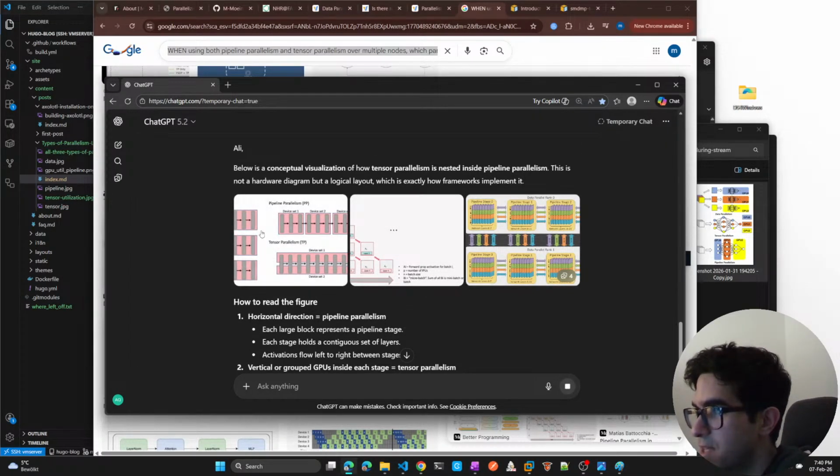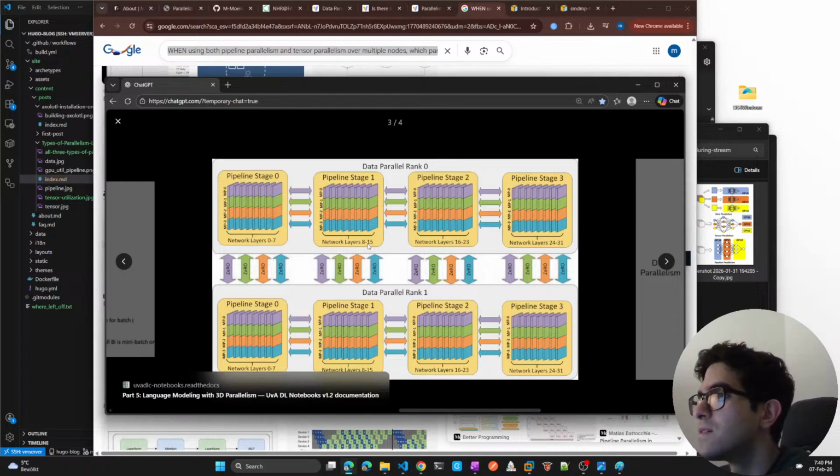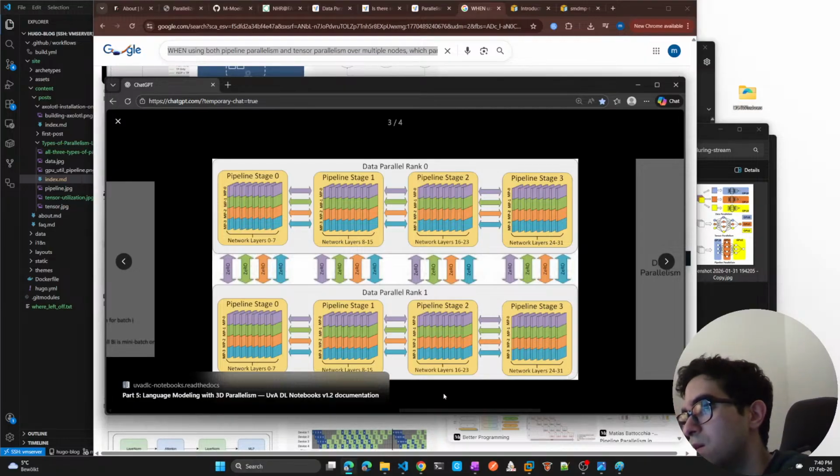Okay, visualization. Stage 0. Pipeline stage. Pipeline stage 0, 1, 2, 3.